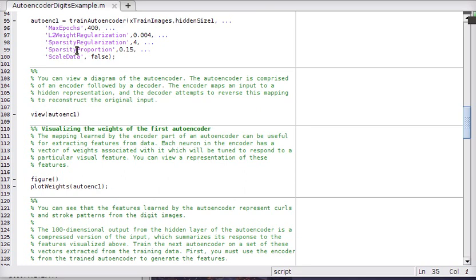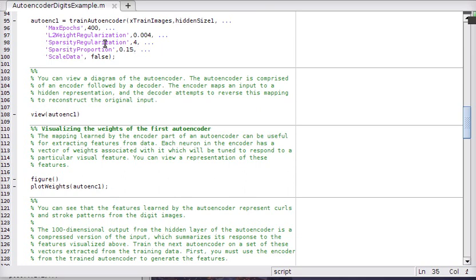Now, in order to train this, there are some special regularizations needed, which are additional constraints on what kinds of solutions we're going to get. L2 weight regularization means that we're going to penalize large weights. The 0.004 that you see is the weight of the penalty.